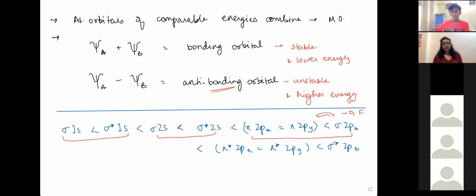Okay. So we'll practice electronic configuration of the first few elements, and after that we'll talk about how molecular orbital theory helps us in figuring out the stability and magnetic properties and all of those other things.